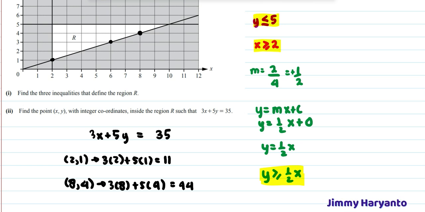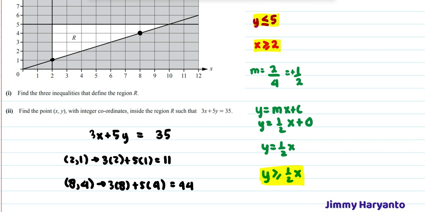Let's try that one. 6 times 3 is 18. No, not this one. Let's try this. 7,4, 21 and 20. Not this one. How about this one? 6,4. Not that one. Oh my god.